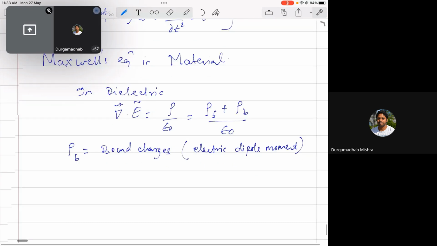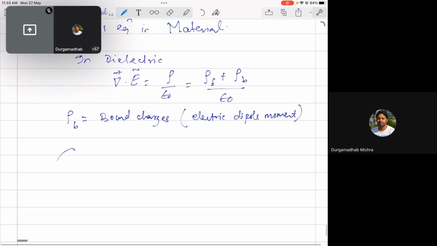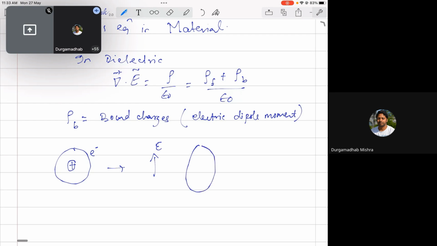If I take any atom, we are just depicting a simple picture here. This is the electron charge cloud which surrounds your nucleus, which is symmetric in nature. But if I apply an electric field E, there will be a displacement of the charge center.